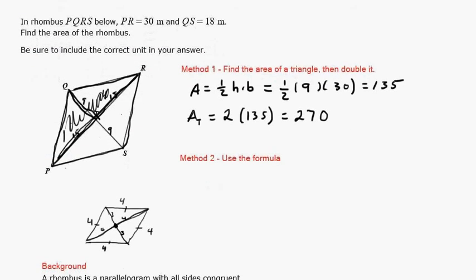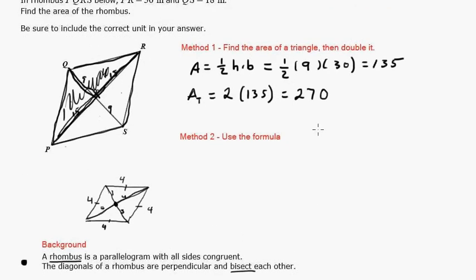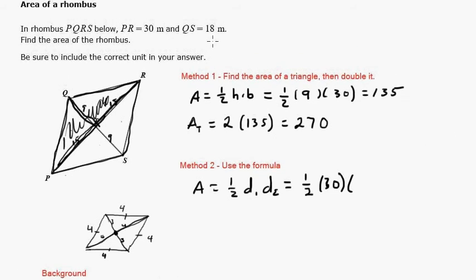There is another method that sometimes works. It says 1/2 times the length of one diagonal times the length of the other diagonal. In other words, area equals 1/2 D1 times D2. Sometimes they don't give us the diagonal, but here they did. So it's 1/2 of 30 times the diagonal of 18.